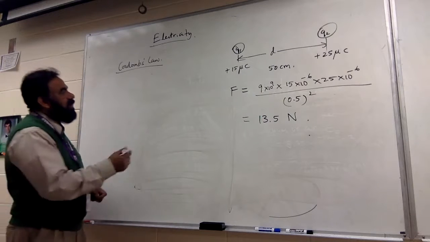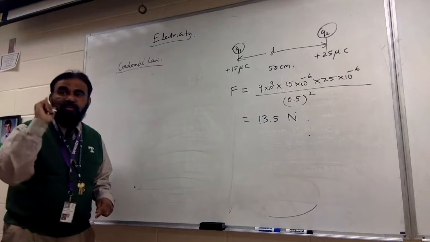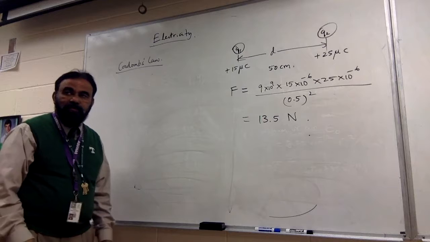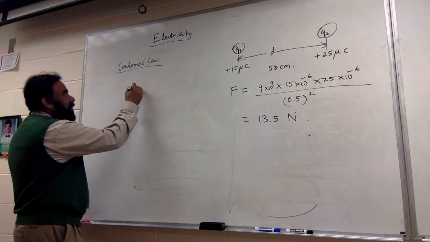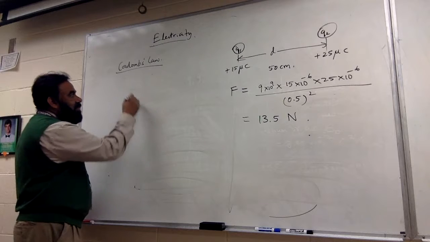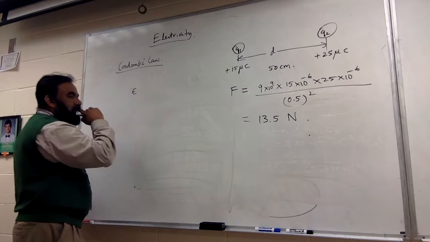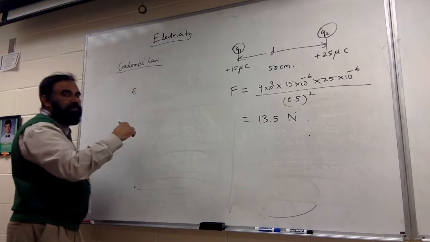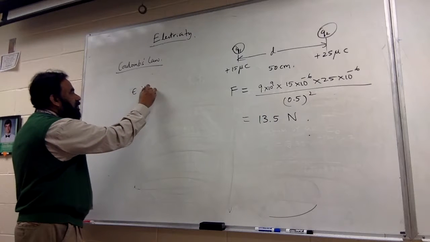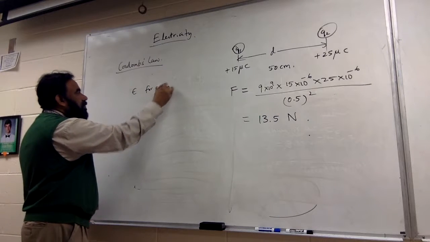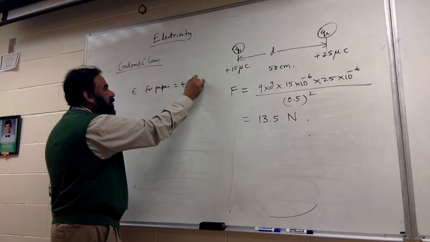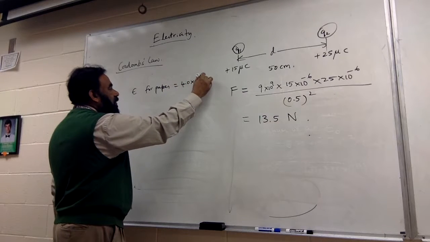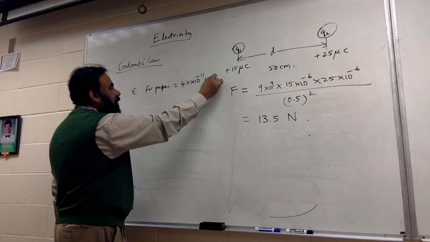No? Alright. Now, if the medium is not vacuum or air, then what happens? The equation is different. If the medium is something else, so epsilon for paper, let's say, is 4.0 times 10 to the power of negative 11 coulomb square per newton meter square.